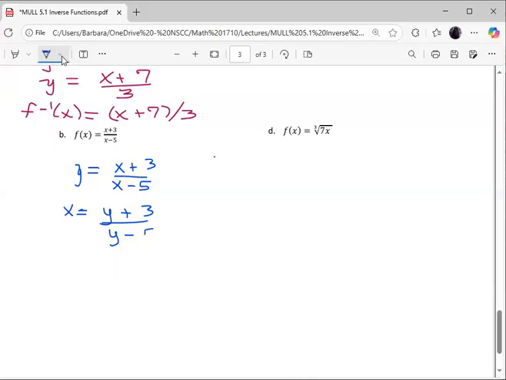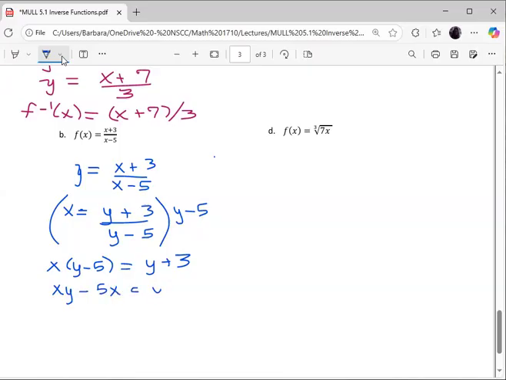And then solve for y. We're going to multiply both sides by the LCD, which is y minus 5. And we have x times y minus 5 equals y plus 3. Distribute the x, and we have xy minus 5x equals y plus 3.